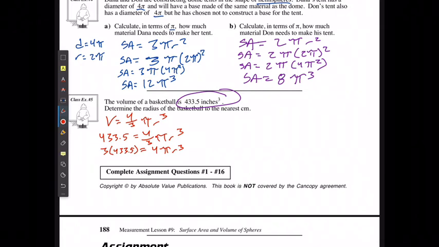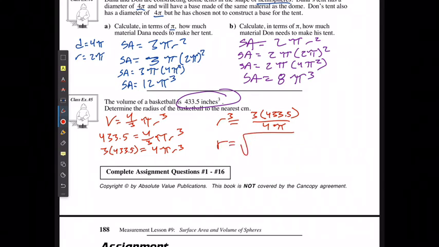I divide both sides by 4 pi, and r cubed is going to equal 3 times 433.5 over 4 pi, or r is going to equal the cube root of 3 times 433.5 over 4 pi.